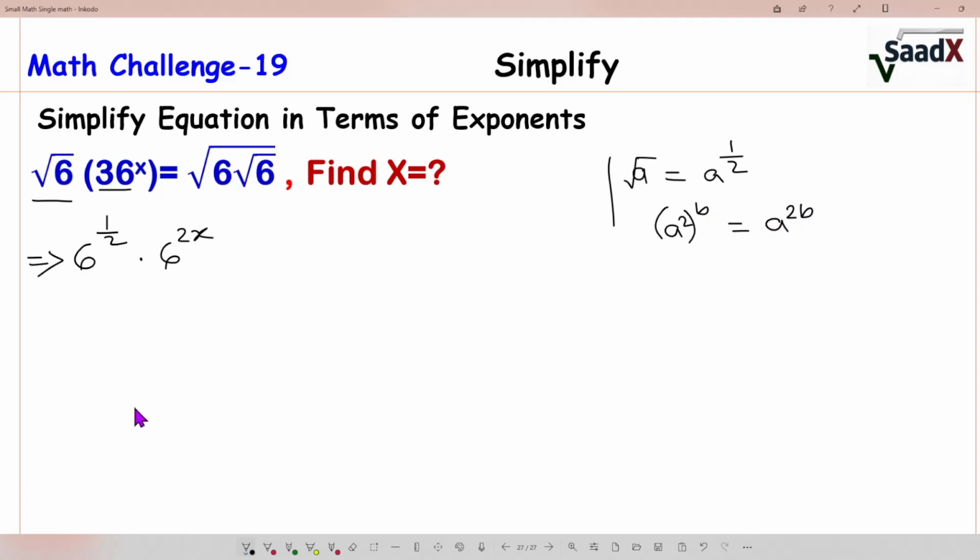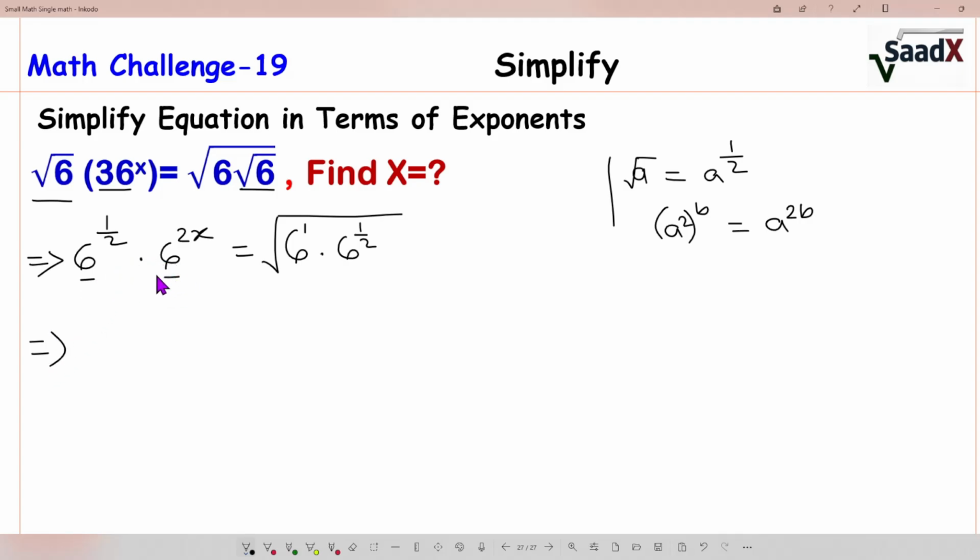2b. Now here is root 6. We will not change this root. This is 6 which power is 1 times root 6. This one we can write 6 to the power 1 by 2. Now here base are same.